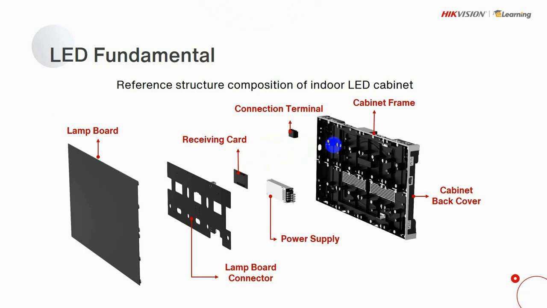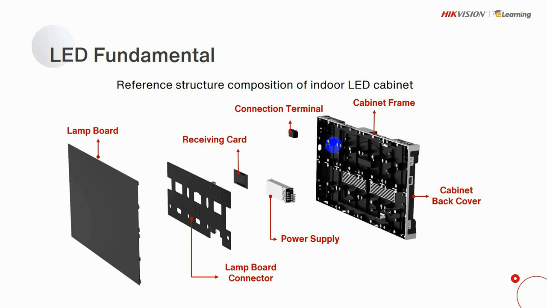So a lamp board can't connect cables directly, like power cable or signal cable, by itself. That's why we need a cabinet which can contain all the connection cables and their relevant ports. So we actually connect all the lamp boards together through the cabinet.